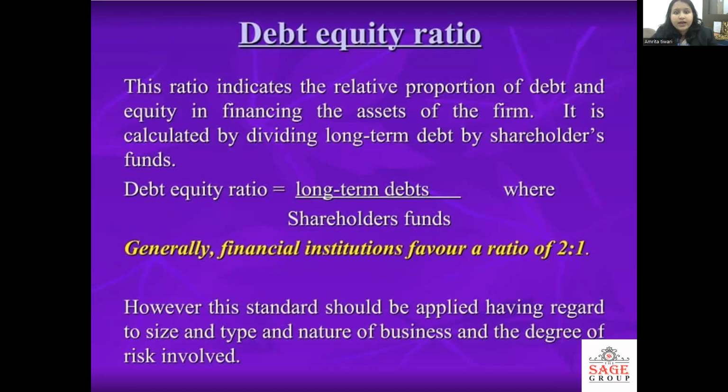It is calculated by dividing long-term debt by shareholders' funds, long-term debt upon shareholders' funds, where the ratio favorable to financial institutions is 2:1. However, this standard should be applied having regard to the size, shape and nature of the business and the degree of risk involved.